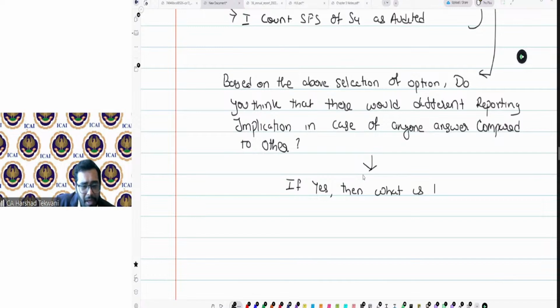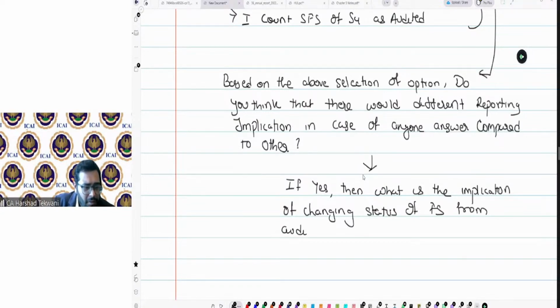What is the implication of changing the status of the financial statement from audited to unaudited in the audit report of CFS?